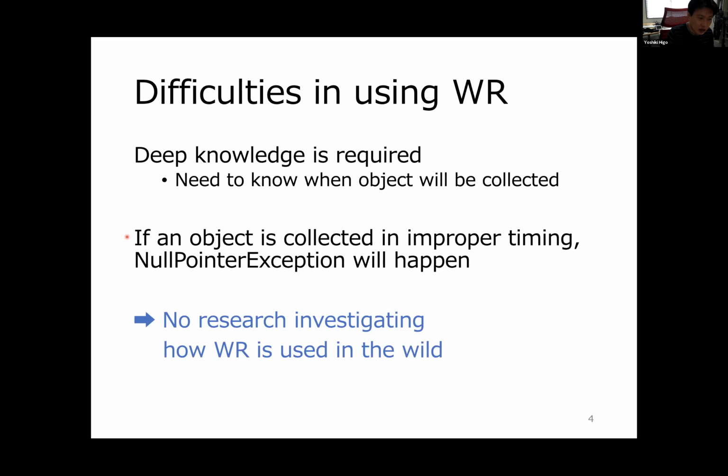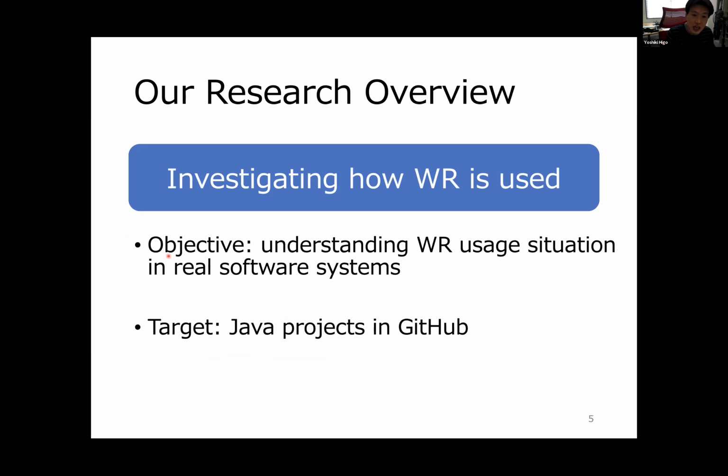But at this moment, we cannot find any research that investigates how weak reference is used in the wild. So in this research, we investigate how weak reference is used to understand the usage situation in real software systems. In this research, our target is Java projects in GitHub.